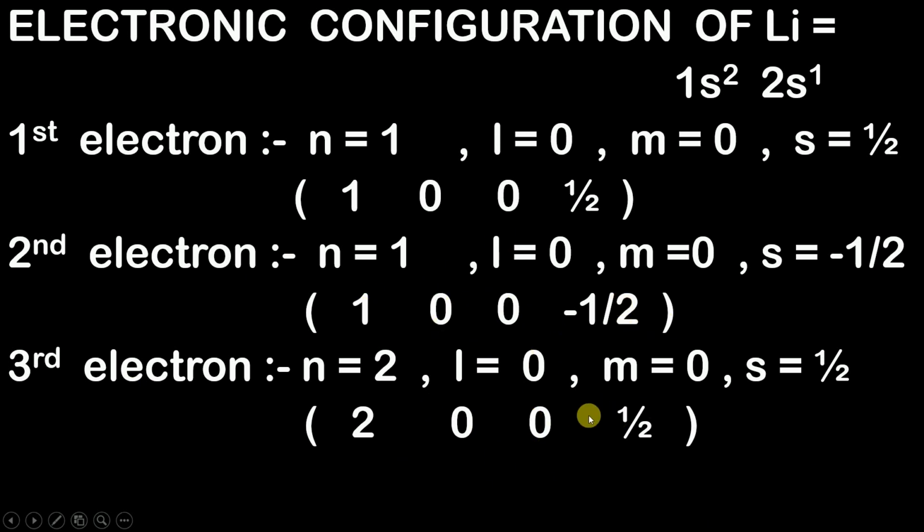So if you take any atom, let's take carbon, nitrogen, oxygen, any atom you consider, it is going to have different sets of quantum numbers. So can I say that inside an atom, all the electrons are going to have different sets of quantum numbers? This was what was told to us by Pauli.